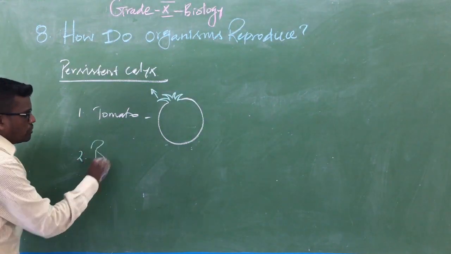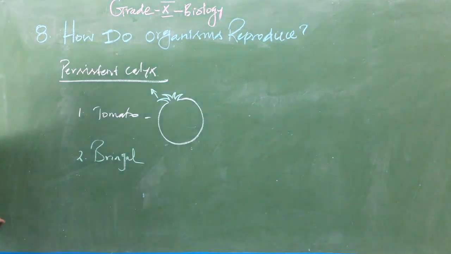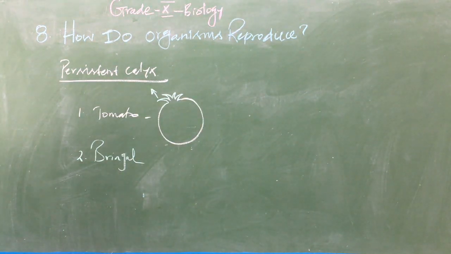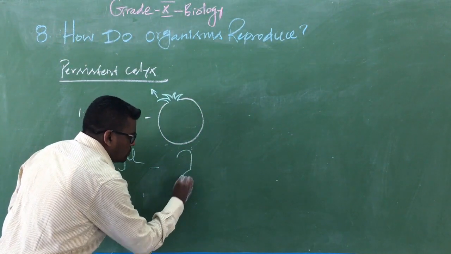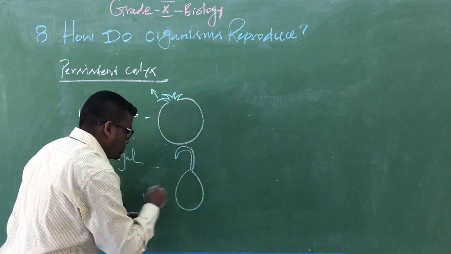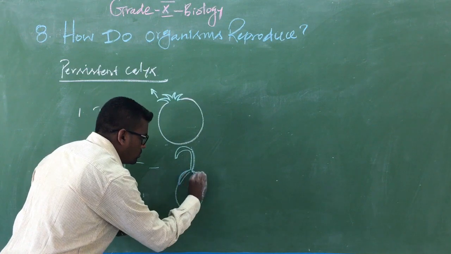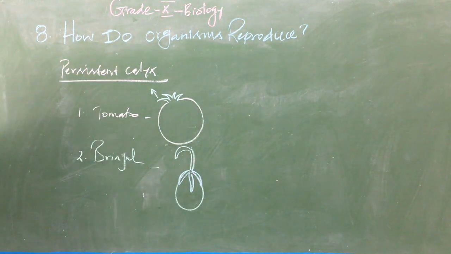And the second one is brinjal. If you observe the brinjal, the calyx remains. This is persistent calyx.